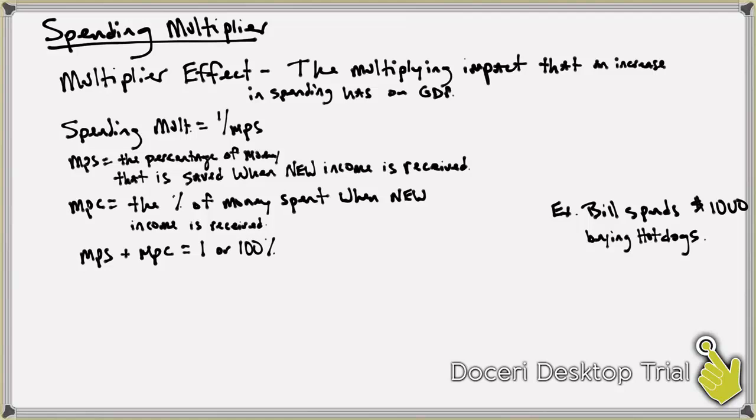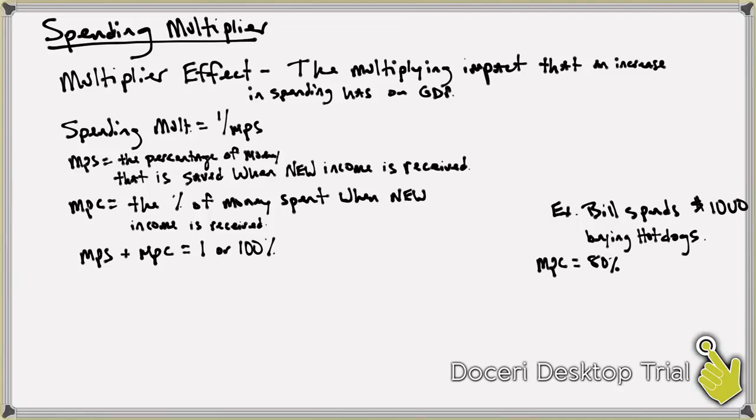or as a percentage. So if we go back to our example here, and I'm just going to pick these numbers randomly. We've got Bill spending $1,000, and let's say that in our example here the MPC is equal to 80%.